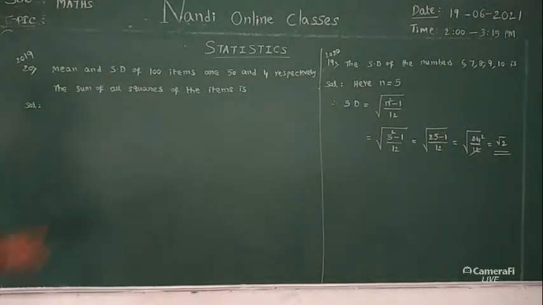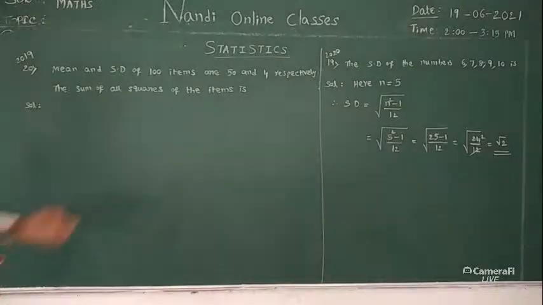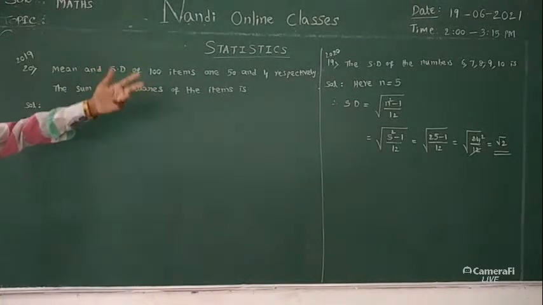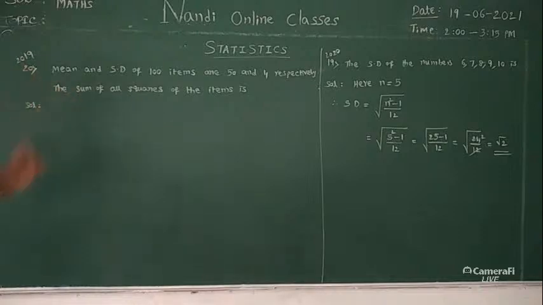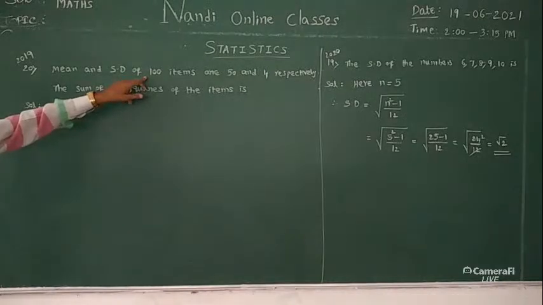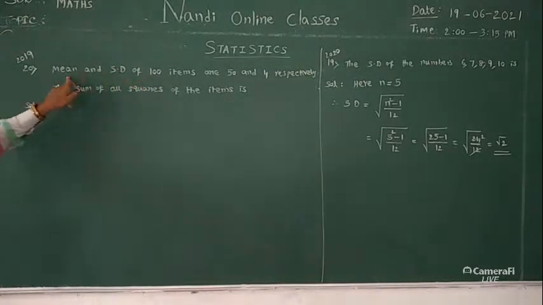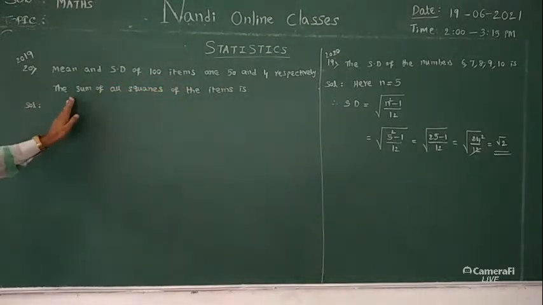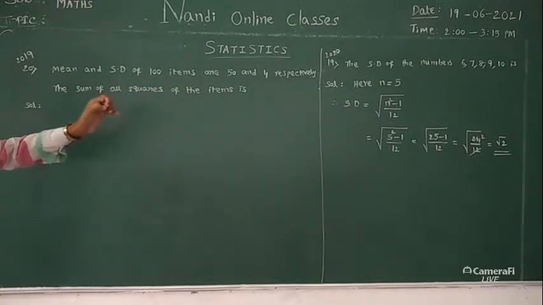All models I covered. Once again 2020, 2019, already the 2015 problem I did, 2016 also I did. See, mean and standard deviation of 100 items. So n is equal to 100 observations. Mean given 50, standard deviation given 4. What is the sum of all squares of the items?